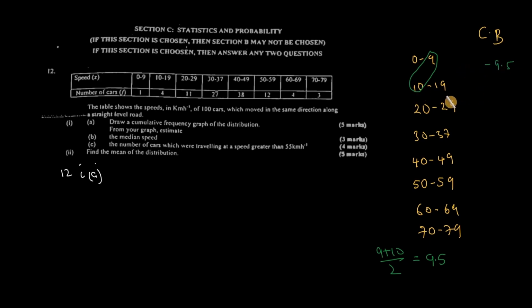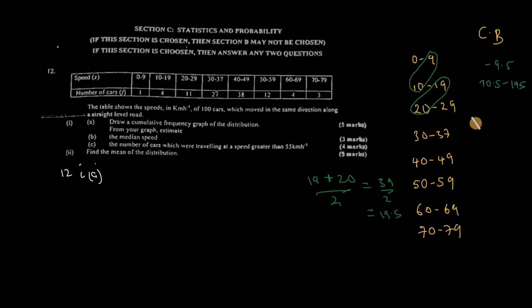The next class boundary will be 10.5. To get this class boundary, I need to add 19 plus 20 divided by 2. That's 39 divided by 2, so we're going to have 19.5. So here we have 19.5. This value will be the same for this class, so I have 19.5 here.